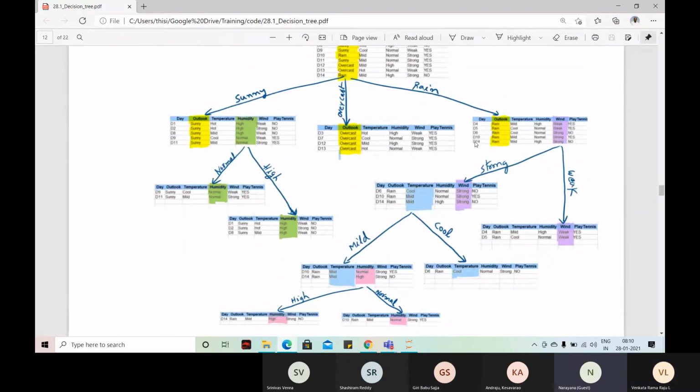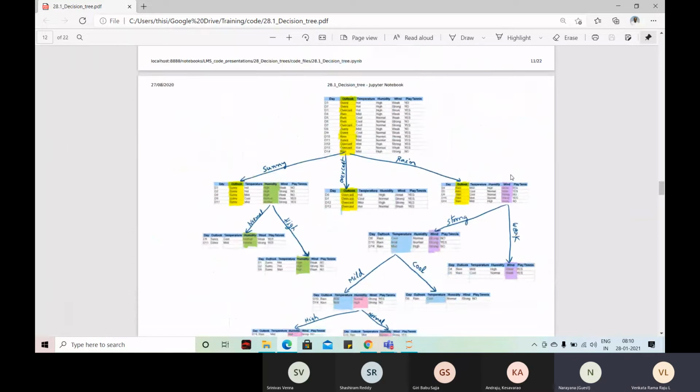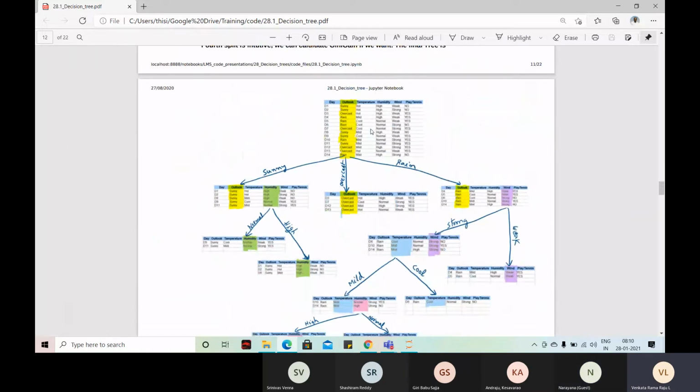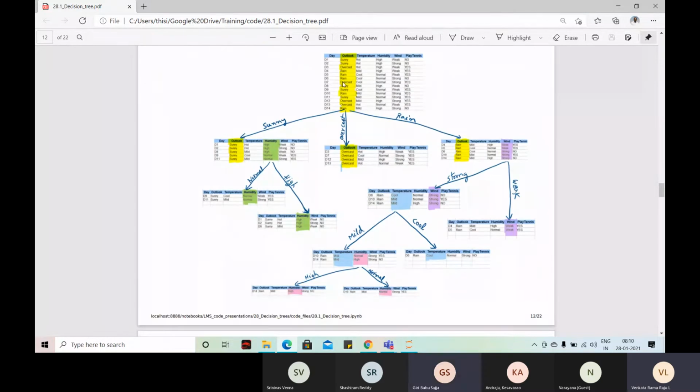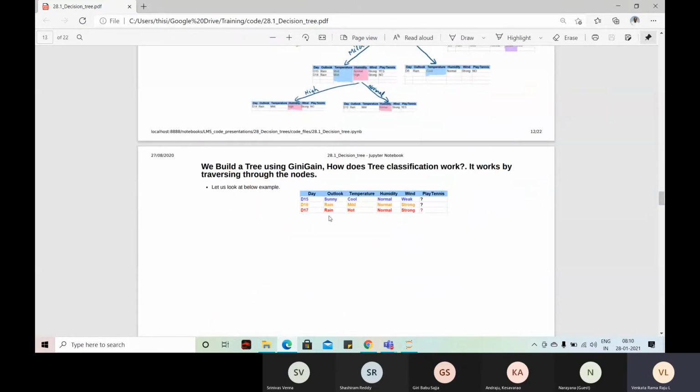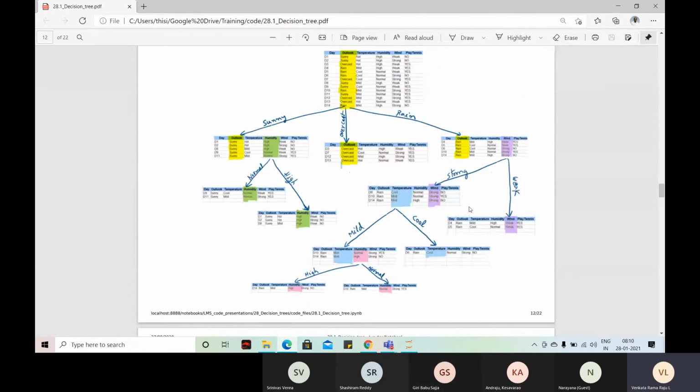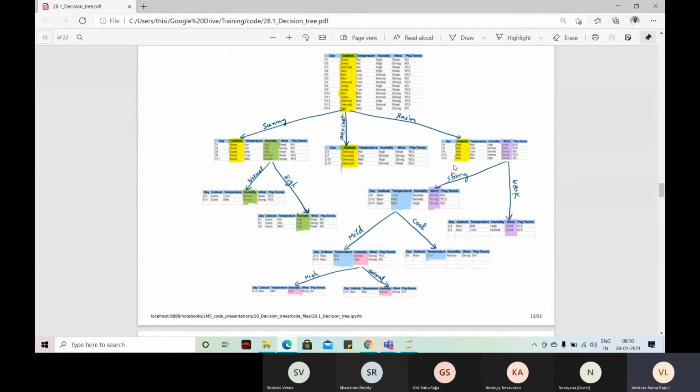Yes, 100%, because the tree was built using this data. All the conditions we found out based on this data only. So it covers all the scenarios in the train data, but it will not cover the data not present in the train set. Some cases it will not cover. That's where non-parametric models like decision tree tend to overfit, especially when you try to form a complete tree like this. It's going to tend to overfit on the train data.